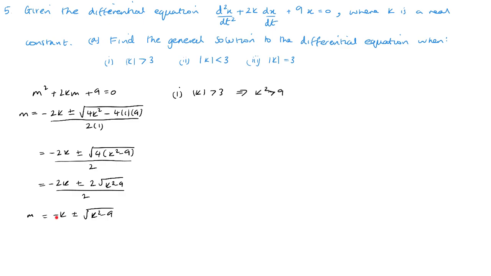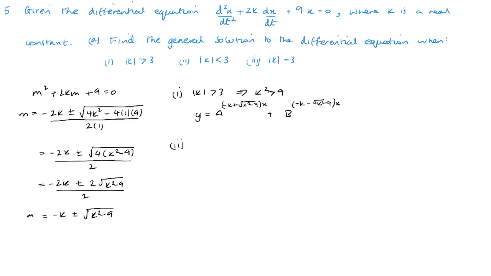So solution 1 would be minus k plus this root, and the other solution would be minus k minus this root. So this is going to be solved by y equals a e to the power minus k plus root k squared minus 9 times x, plus b e to the power minus k minus root k squared minus 9 times x.